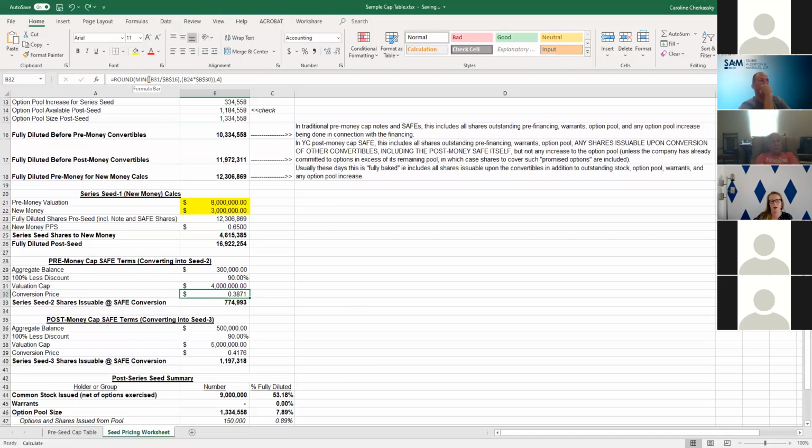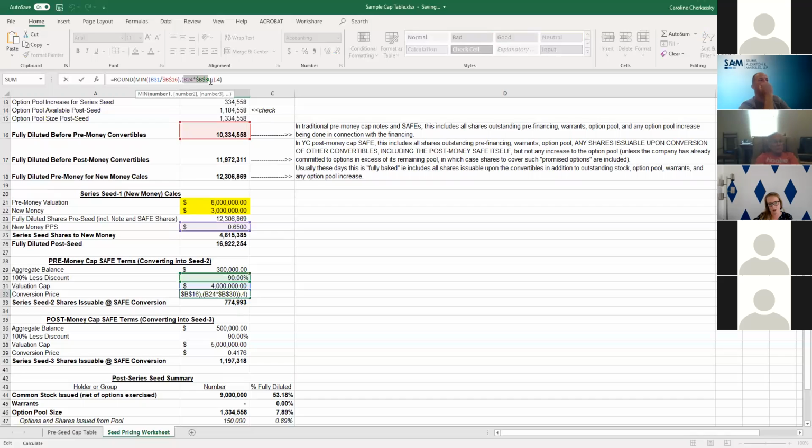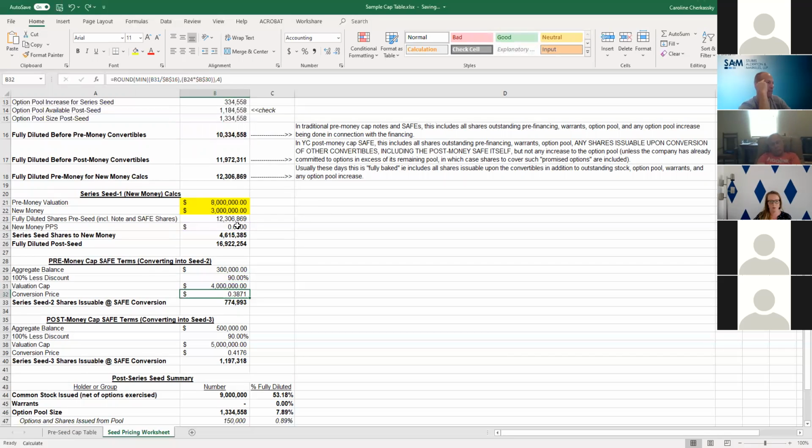One part right here is the valuation divided by share count. This part right here is the discount factor times the price paid by the new money. Whichever is less, they will pay that price. So use a minimum function for that and a rounding function.